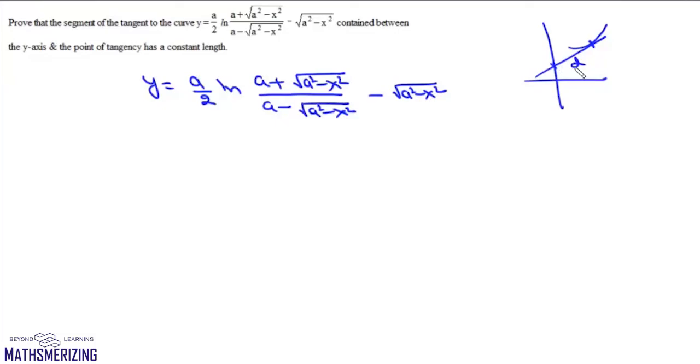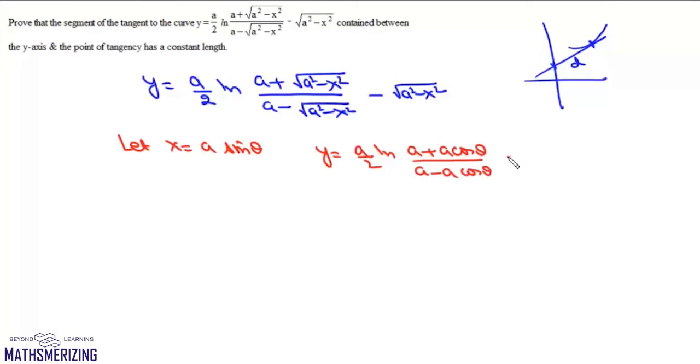Now again in this case, we'll change it to parametric coordinates. Let x equal a sine theta. If we put x as a sine theta, we'll get y as a by 2 log (a plus a cos theta) upon (a minus a cos theta) minus a cos theta. So y equals a by 2 log, where 1 plus cos theta is 2 cos square theta by 2 and 1 minus cos theta is 2 sin square theta by 2.